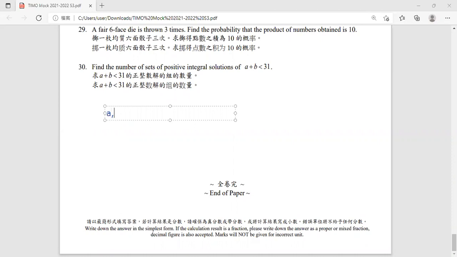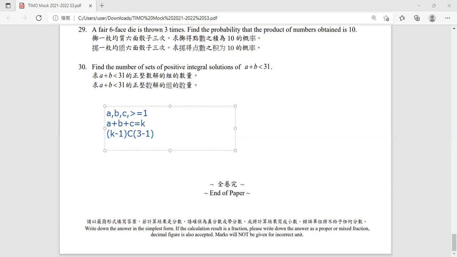If a, b, c are greater than or equal to 1, then a plus b plus c equal to a number K, and this case will be K minus 1 C 2, because I have two bars.